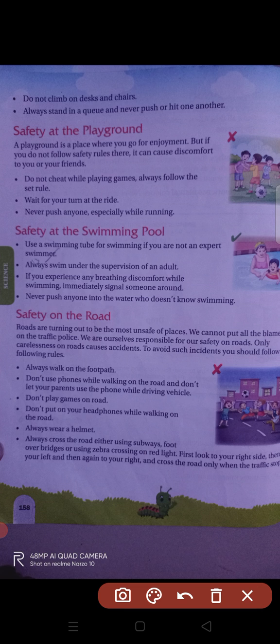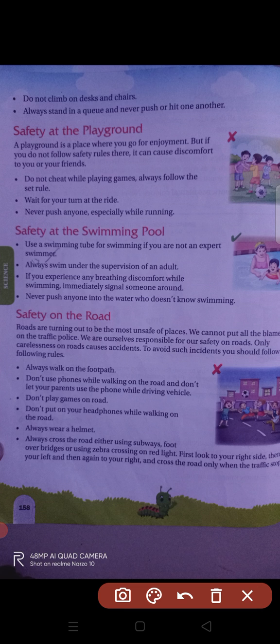Whenever you are running on the stairs, if you suddenly fall, you might get injuries or even fractures to your body. And also do not throw any objects at anyone in the school.